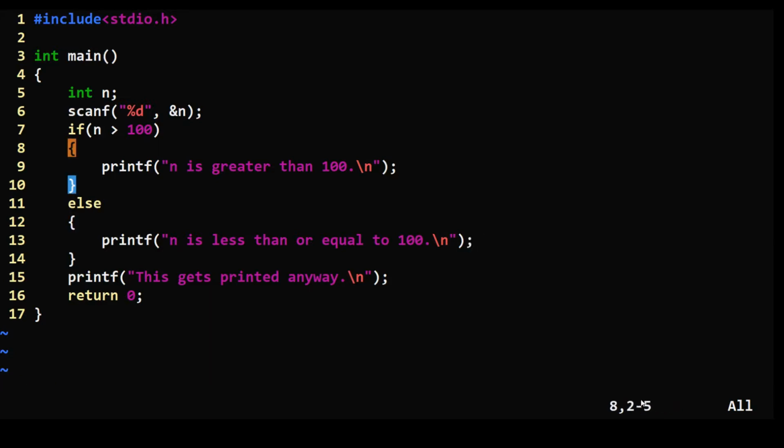So what will happen here is, if this evaluates to true, this will be printed.